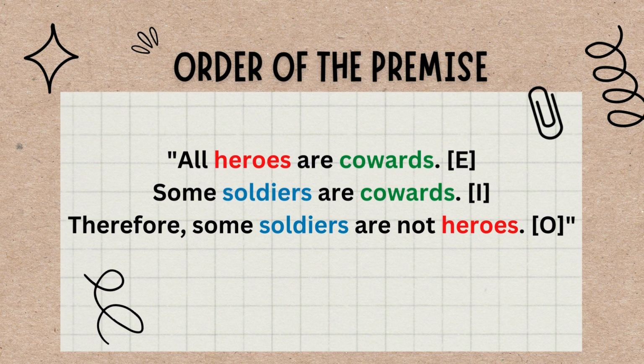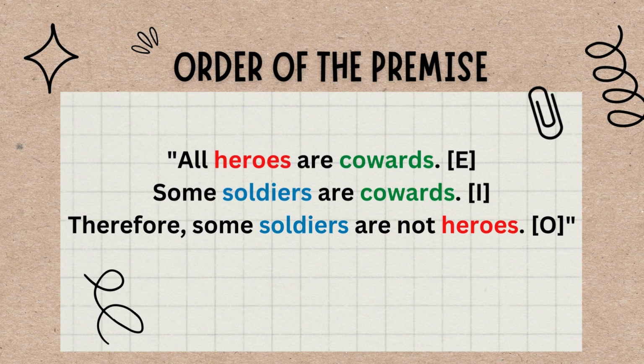For that, we will find the major term and minor term. After finding them, we will find the major premise and minor premise, and then order the propositions again in standard order. So what is the major term? We find it from the conclusion.